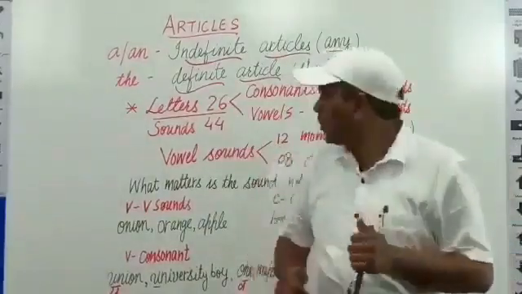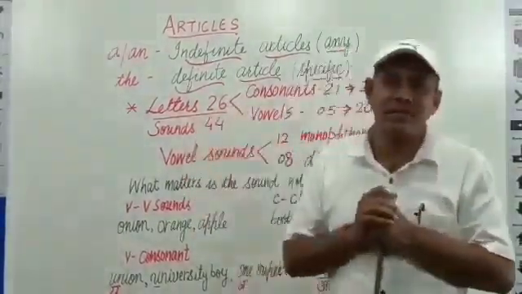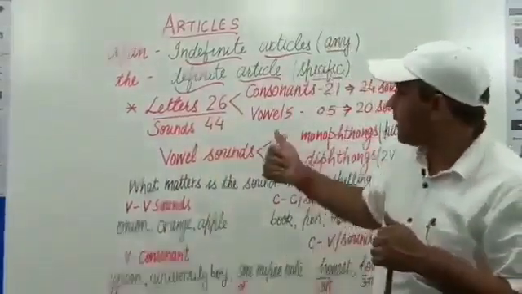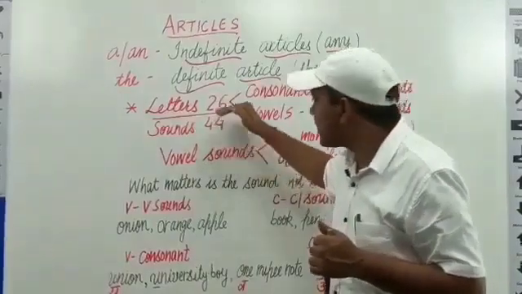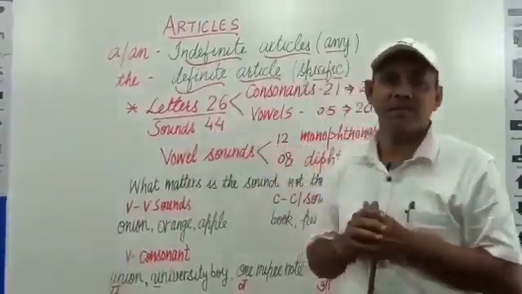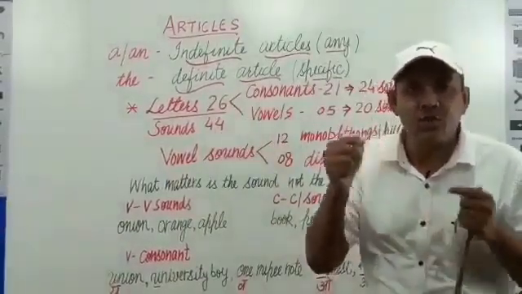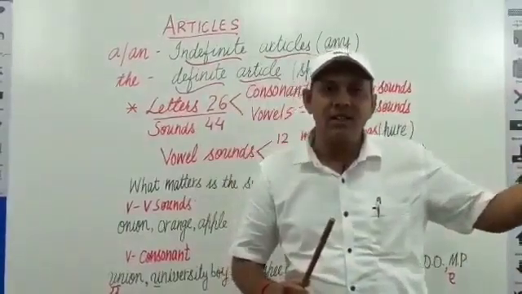As you know, there are only 26 letters in the English language and the problem is there are 44 sounds. 26 letters produce 44 sounds. There is no one-to-one correspondence in English as found in Hindi.